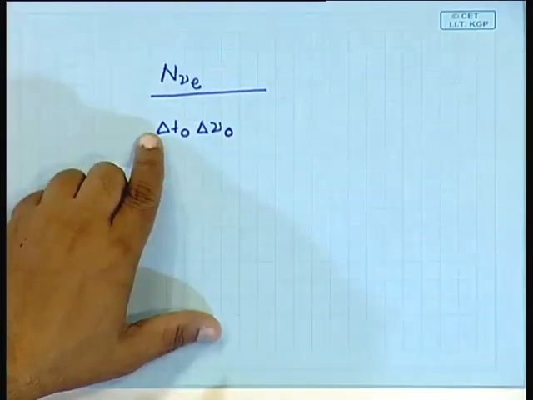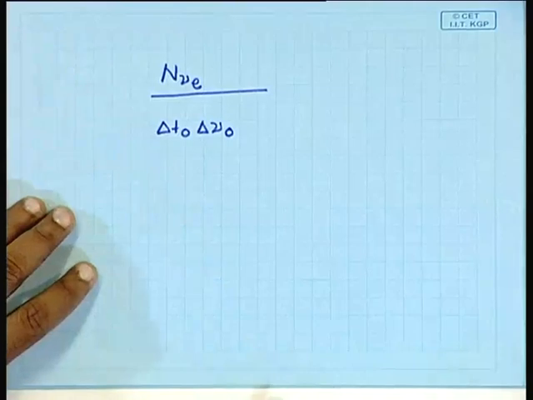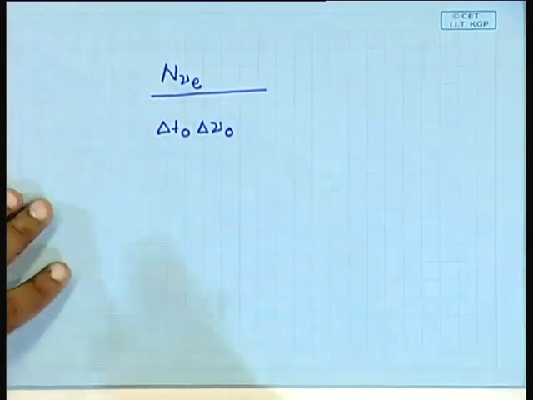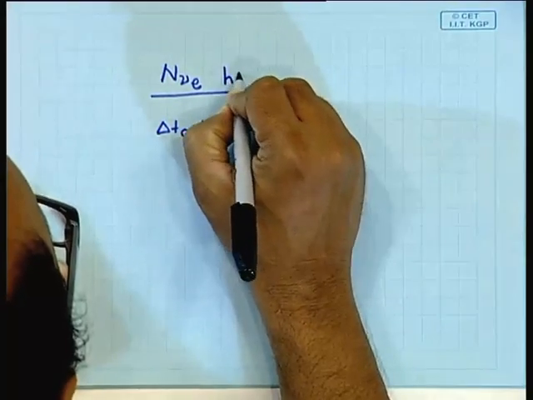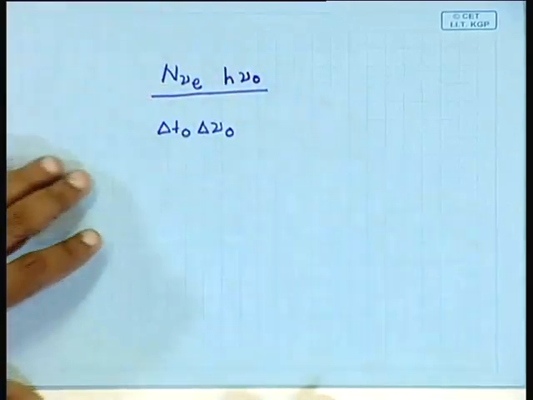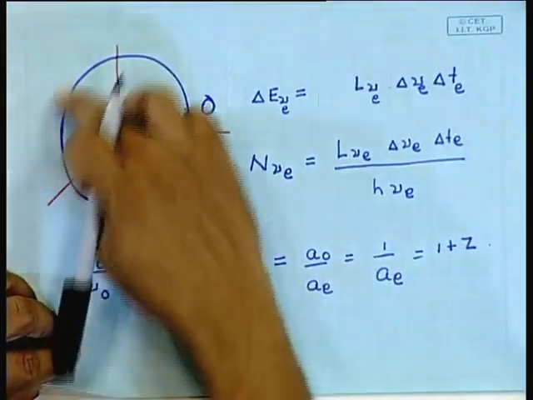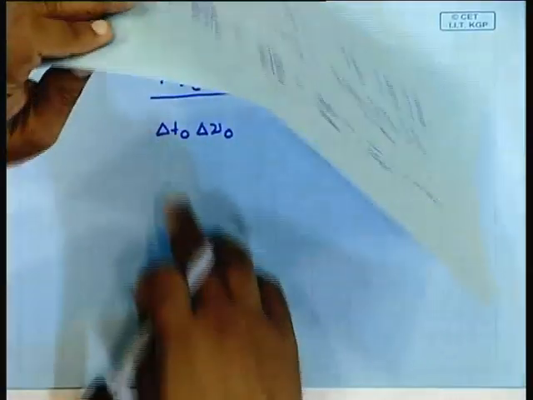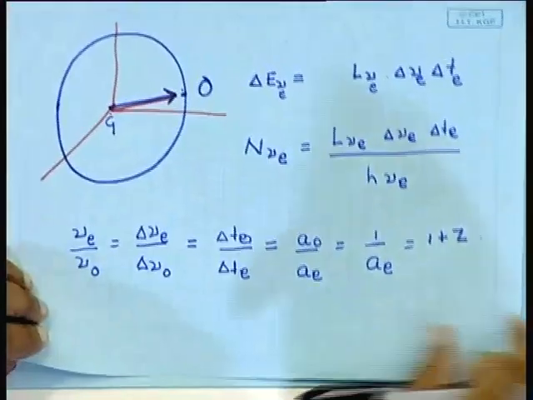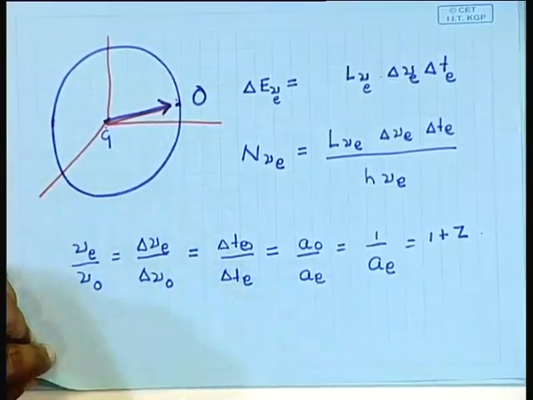So, in the time interval delta T observed, delta nu observed, these many photons will cross. They will each carry energy h nu observed. So, that is the energy that crosses this sphere in the time interval delta T observed, delta nu observed, where delta T observed and delta nu observed are related to the emitted time and frequency through this.